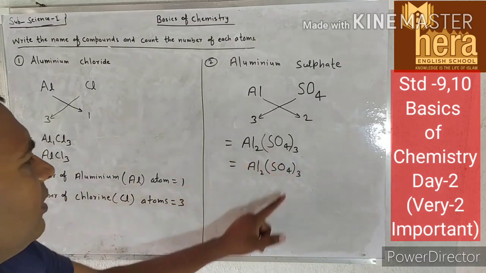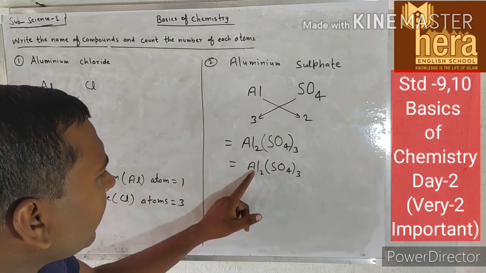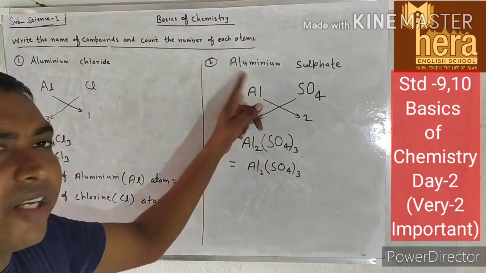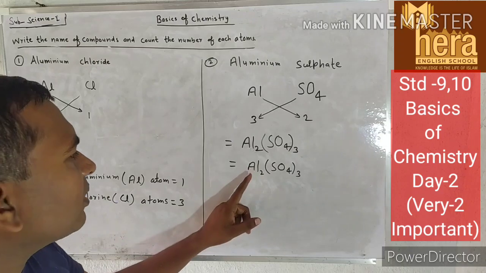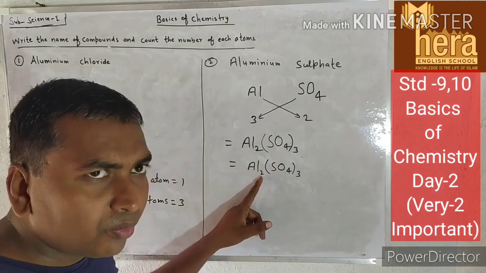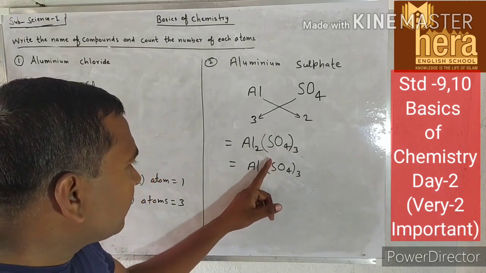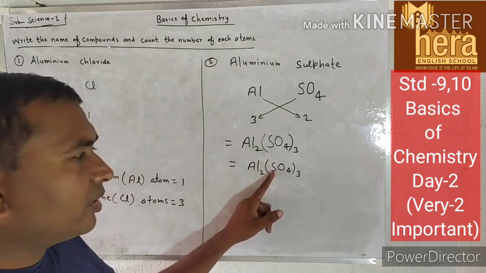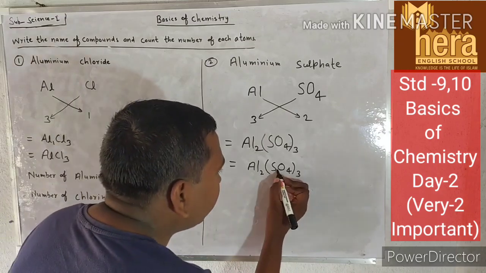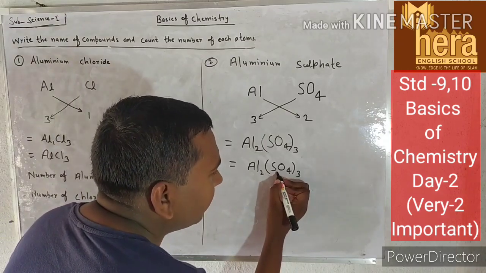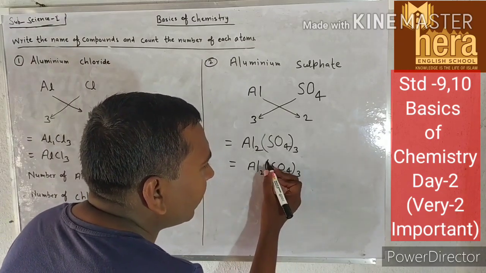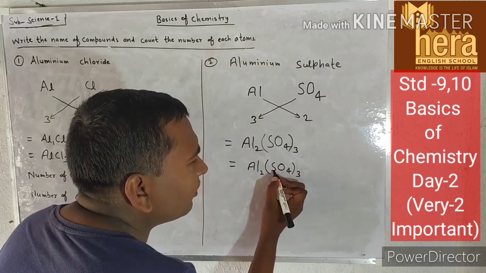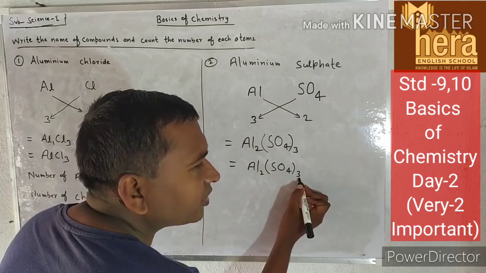So in this compound, Al2, Al is the symbol of aluminium. So number of aluminium atoms is 2. See, here is bracket, here is bracket. S means sulfur. Here is 1, nothing, it means 1. So 1 bracket is here. So 1 into 3. It means sulfur atoms is equal to 3.